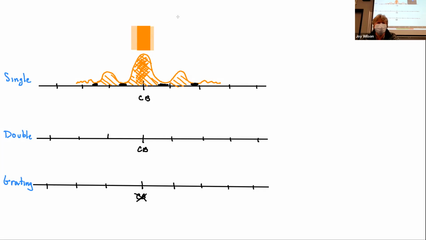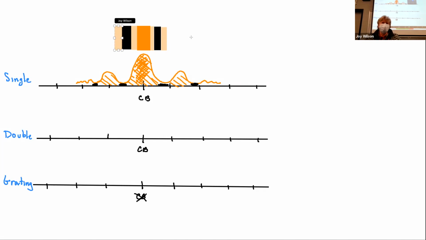This is just to get you an idea, so that you can match the intensity pattern below with the one that would actually be showing the light. Okay, so that's what you'd see there.